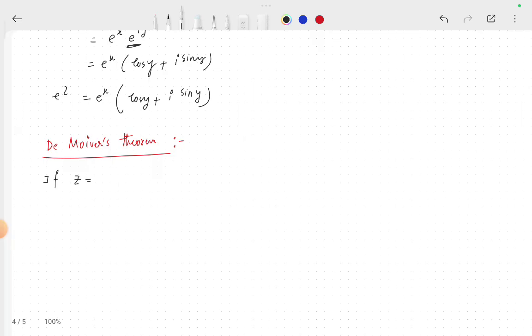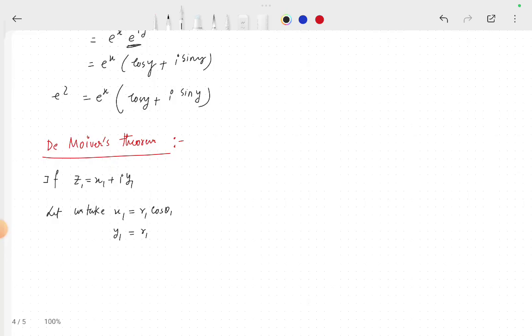So if z1 equals to x1 plus iy1. Okay, so let's take x1 equals to r1 cos theta 1, y1 equals to r1 sin theta 1, in the r theta plane.